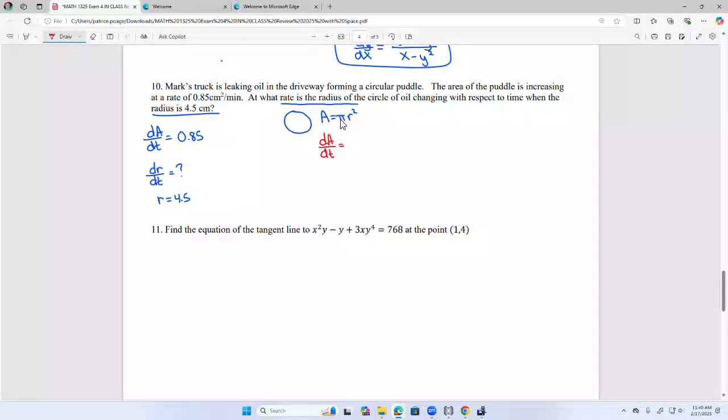Here I have a number r squared, so I'm going to have 2 times that number, r to the 1, and I just took the derivative of r with respect to time. Plugging in the numbers I know, this is going to be 0.85 equals 2 times pi times 4.5 dr/dt. And I'm solving for dr/dt.